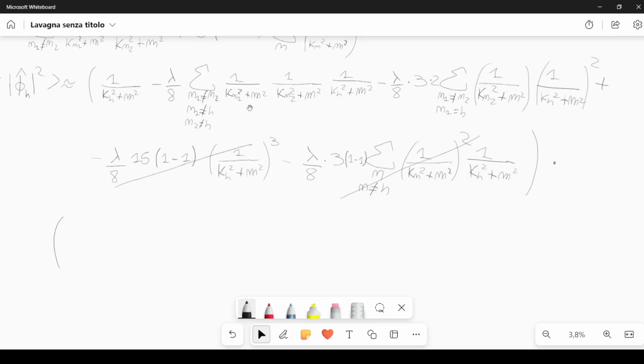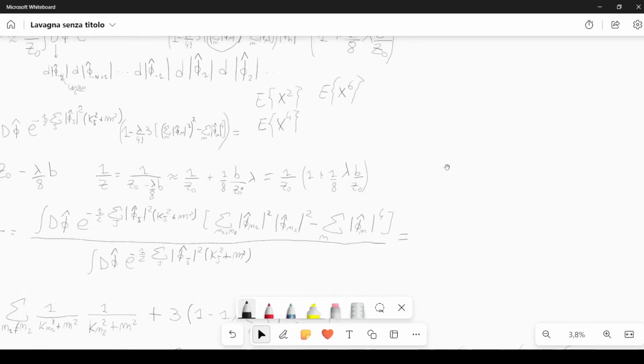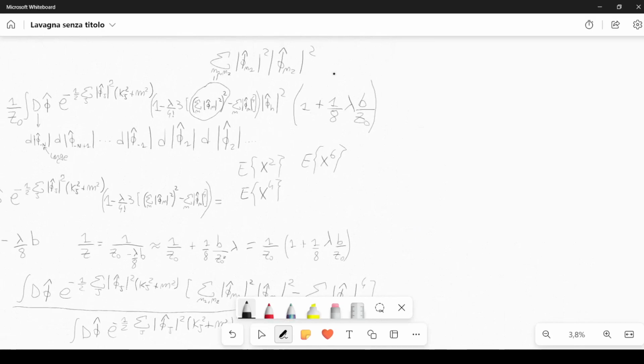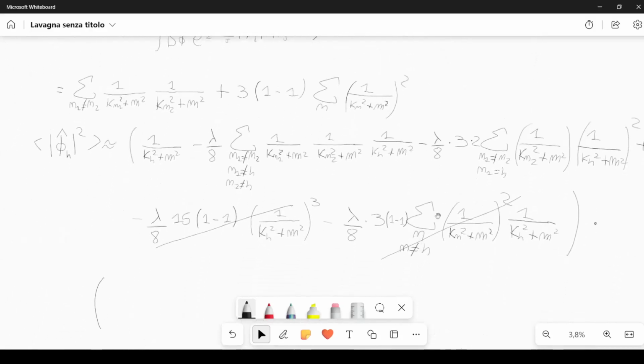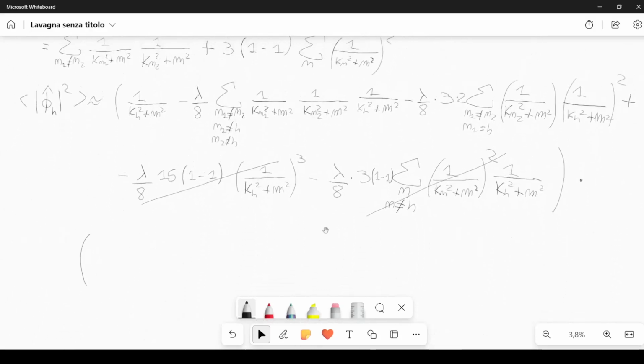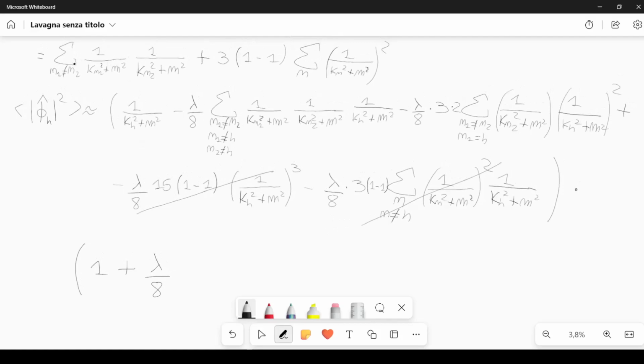Well, remember that we have to multiply the result by this expression here, right? We have already calculated that, and therefore we have 1 plus lambda divided by 8, and then we have to multiply this by this lambda over 8 by this. It's the expression that we have already calculated.